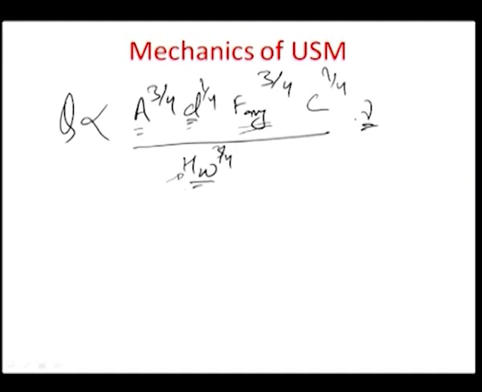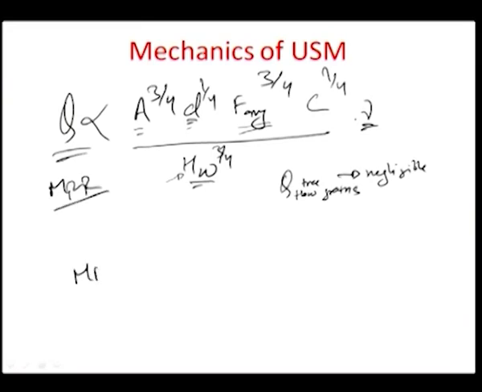Okay. And as I already discussed, the MRR because of free flowing grains is negligible. Therefore this really is the MRR value. And therefore it's safe to say that MRR is proportional to d to the power 1 by 4, where d is the grain diameter.